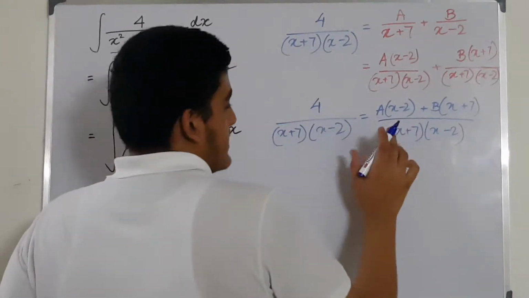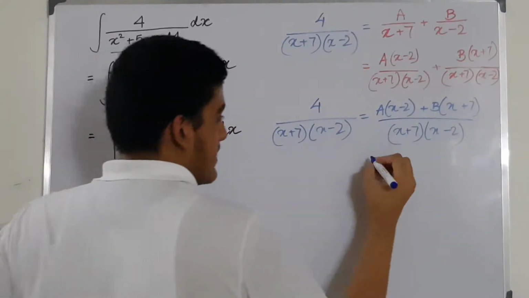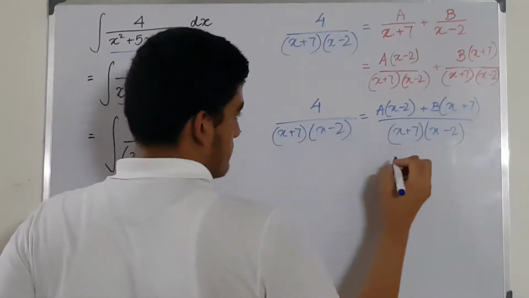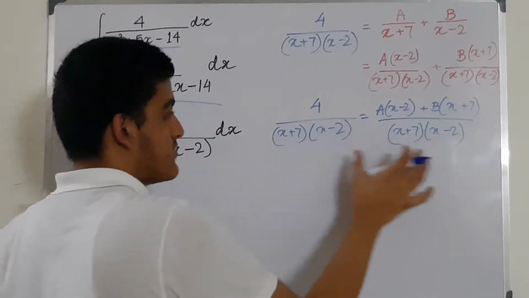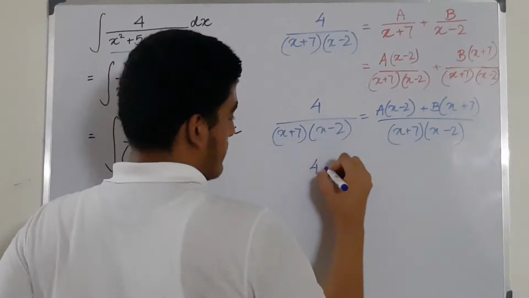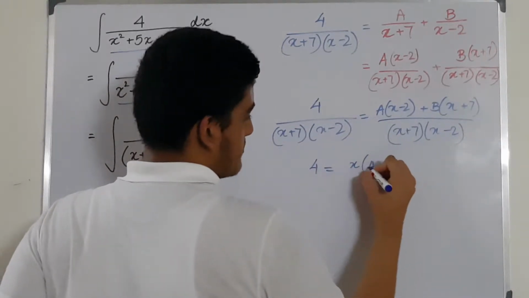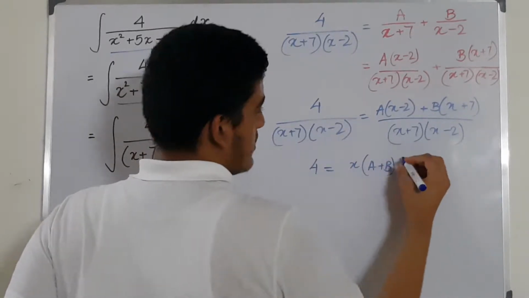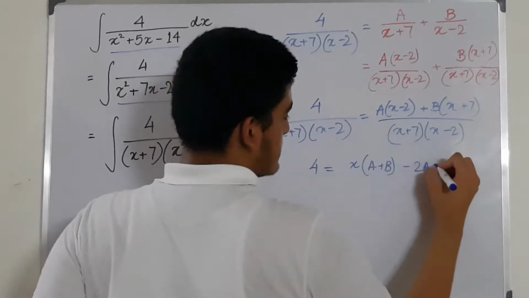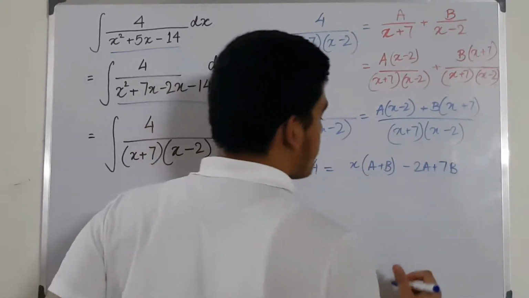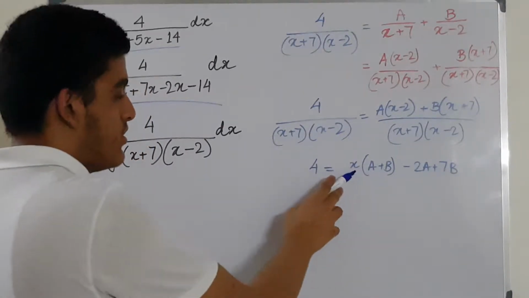Now what I do is first I will simplify this as expressions of x. So the denominators are the same, so I just remove the denominators, and what I'm left with is x into A plus B minus 2A plus 7B.